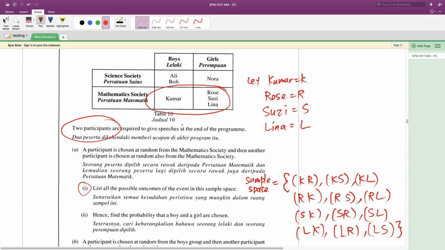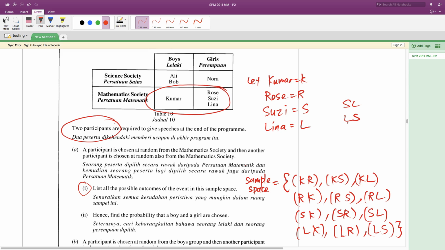So if I choose S and L, and the other choice is L and S, is it the same pair? If it is the same, then you have to cancel one of them, SL or LS. However, if the question says the first person gives the speech first and the second person gives the speech after that, then SL and LS are not the same. This is a very big difference.